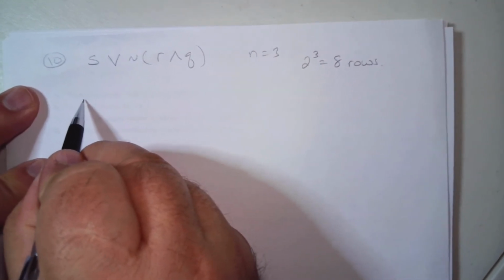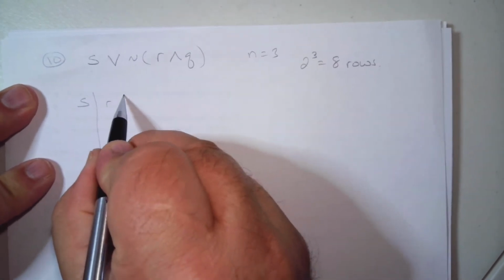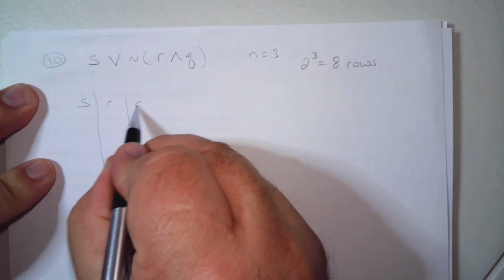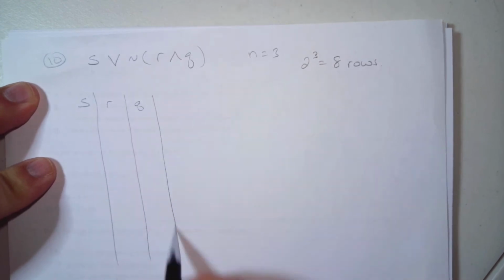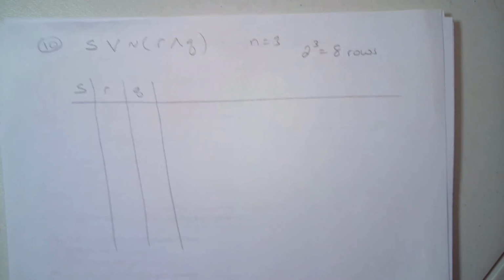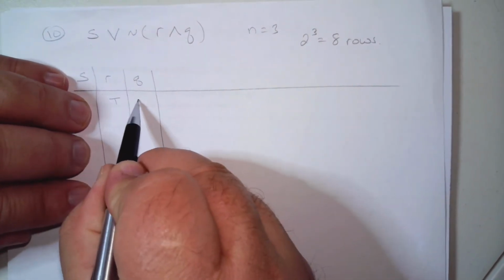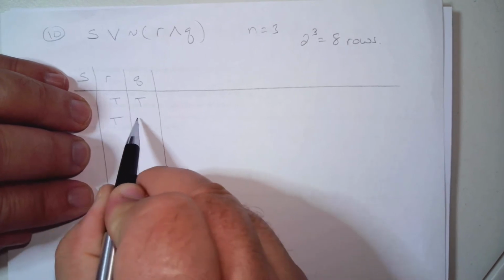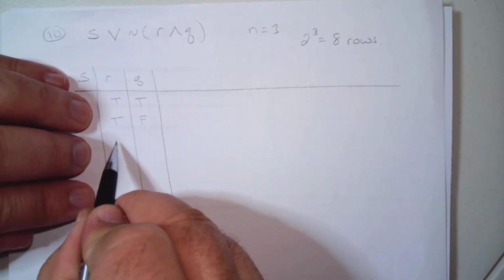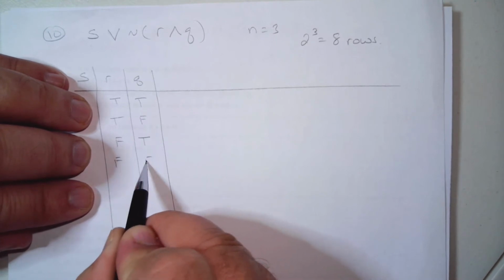So look at it. We have S, R, and Q. So we have 8 rows. So let's start with the innermost. It could be true, true, true, false, false, true, or false, false.